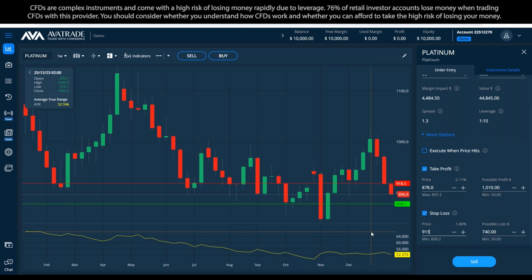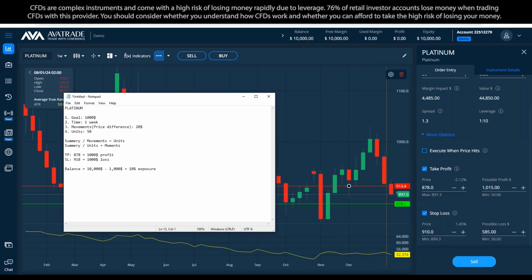Oh, it kept on moving. You see, the lower I get with the stop loss, the less I lose. But there is a but. I don't want my stop loss to be right on my entry. What happens if my stop loss is too close to my entry? So there is a limit to that.